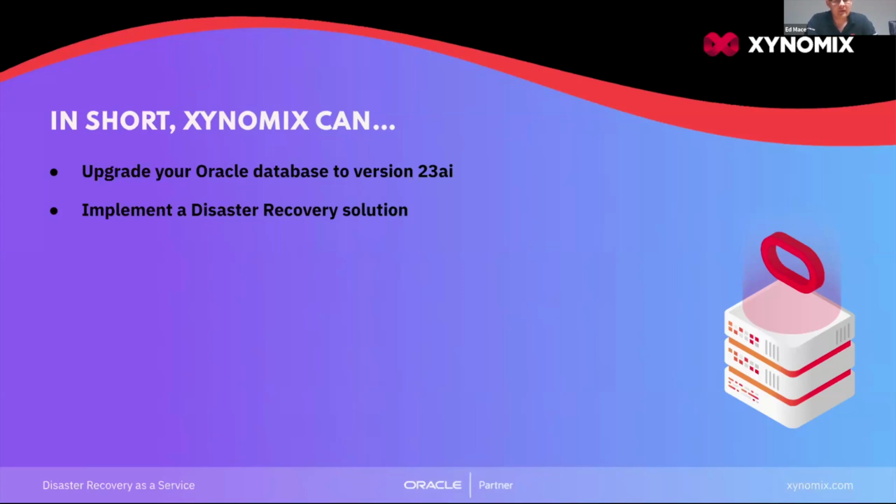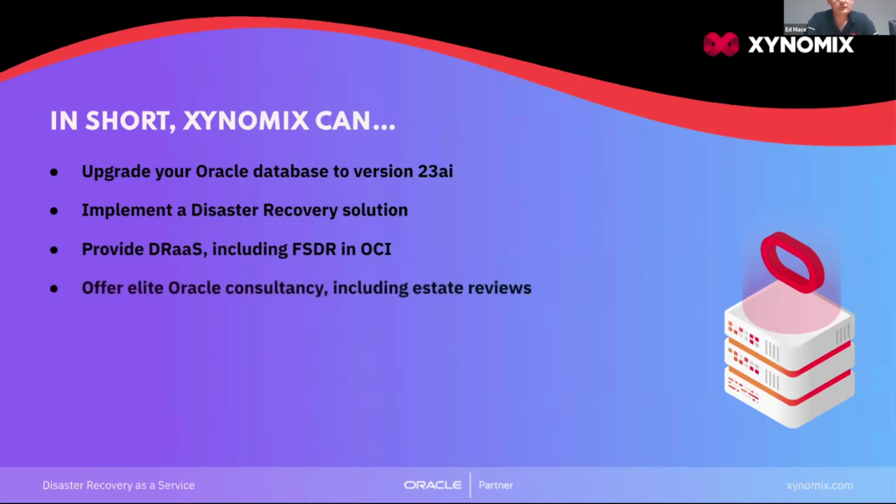We can implement a very robust and solid disaster recovery solution, whether that is disaster recovery as a service or just implementing your disaster recovery within your business. We can also provide it for Oracle Cloud Infrastructure. Again, whether that's IaaS and you're setting it up independently, or whether you want to configure a full stack disaster recovery configuration in OCI, we can support either or. And we also have a plethora of different consultancy services that we can bring to the table too.